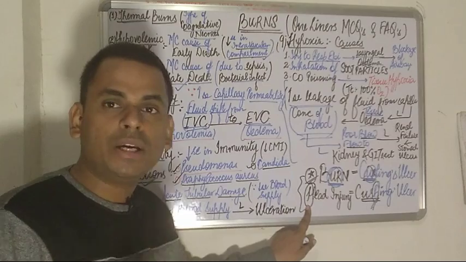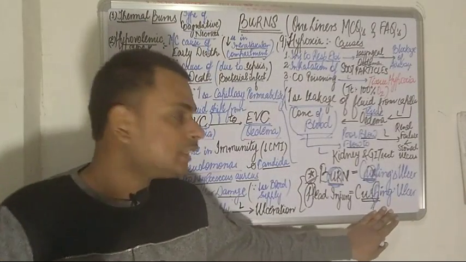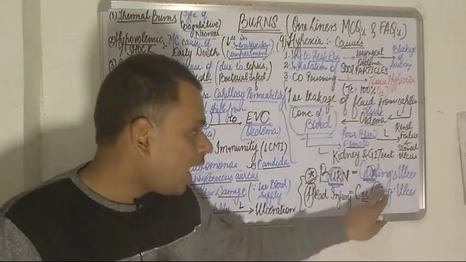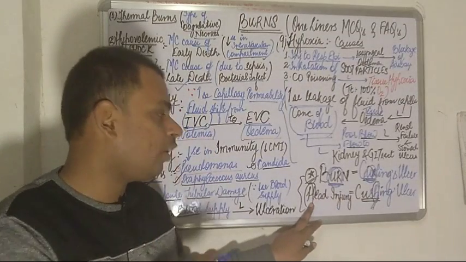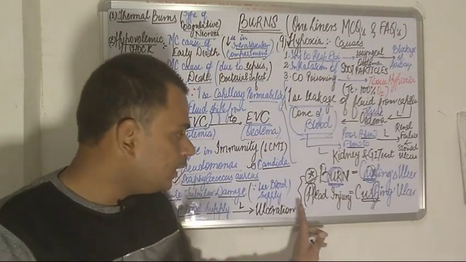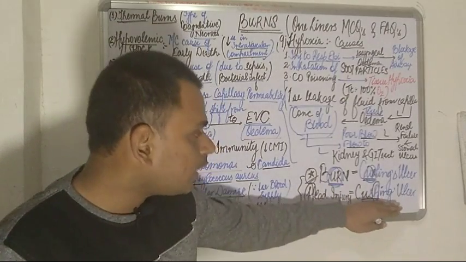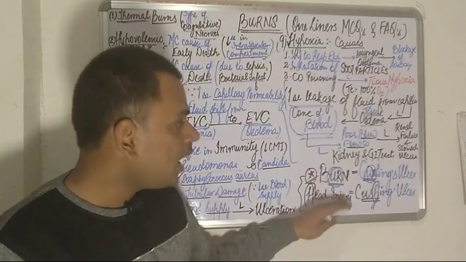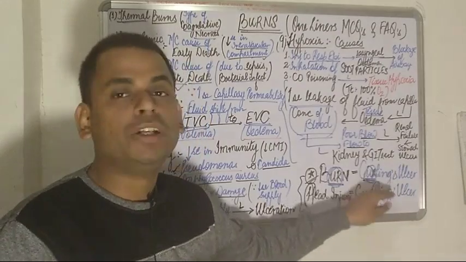So students, do remember, whenever it is a Cushing's ulcer, it is seen during an injury to the head. The H of the Cushing corresponds to the H of the head injury. So this is the short trick for how we can very easily remember the name given to the ulcer whenever a head injury occurs, and the name given to the ulcer in the stomach in patients of burn.